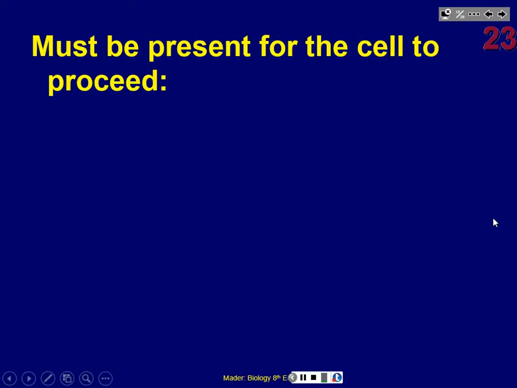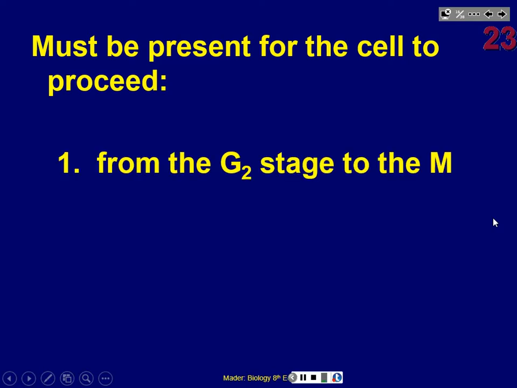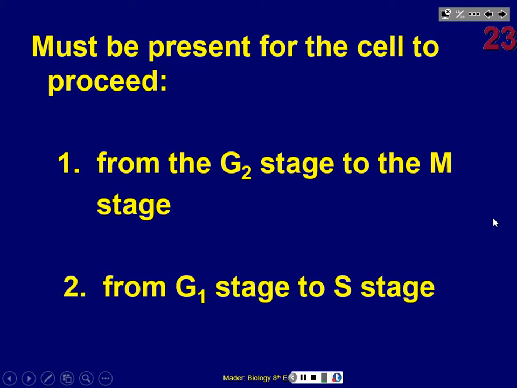There's a couple of really important checkpoints where the cell actually pauses to check. The cyclin will tell the cell to pause, and it'll check to make sure everything's okay. That's going from G2 to M and from G1 to S. Very important checkpoints for the cell.